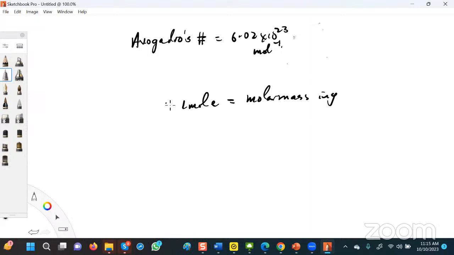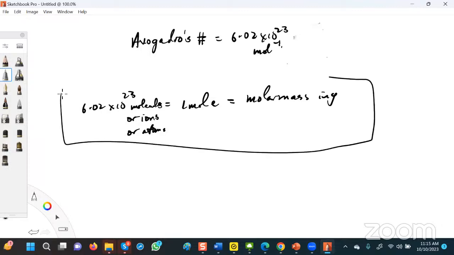And over on this side, I'm going to put this equal to 6.02 times 10 to the 23 items, right? Molecules or ions or atoms, all depends on what you're referring to, all right? So that's a relationship between these 3 terms.